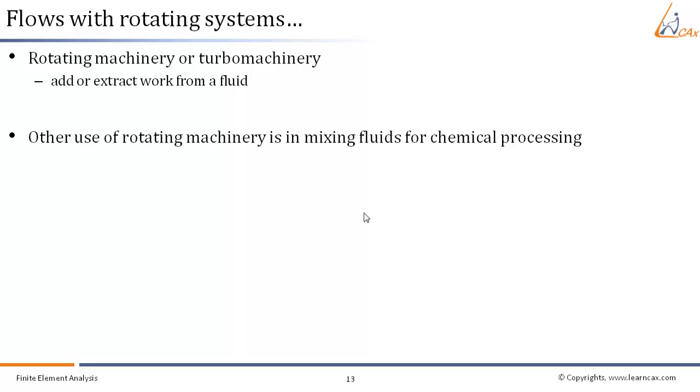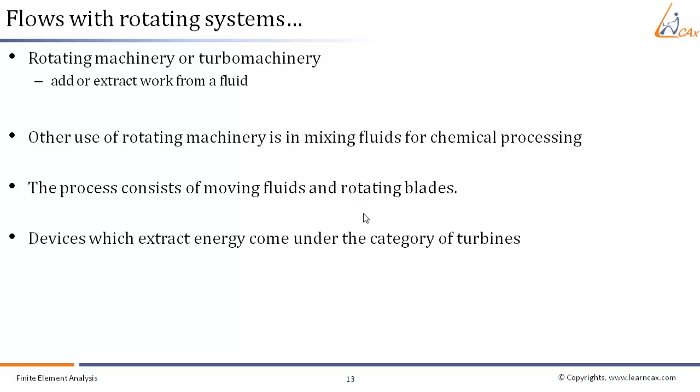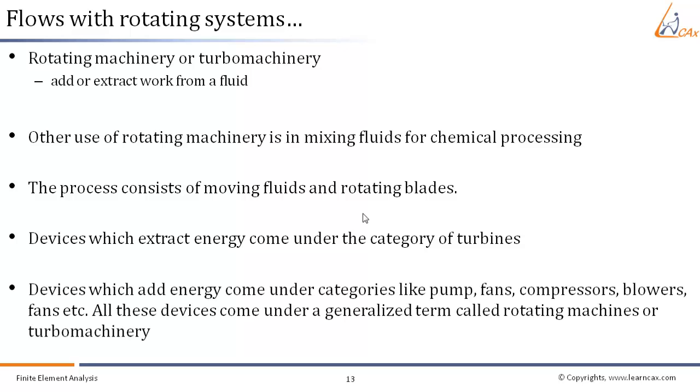Another use of rotating machinery is in mixing, which is mixing of fluids for chemical processing. The process consists of moving fluids and rotating blades. Devices which extract energy come under the category of turbines. Devices which add energy come under categories like pumps, compressors, blowers, fans. All these devices come under a generalized term called rotating machines or turbo machines or turbo machinery.